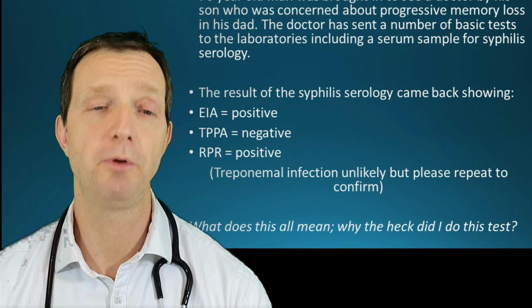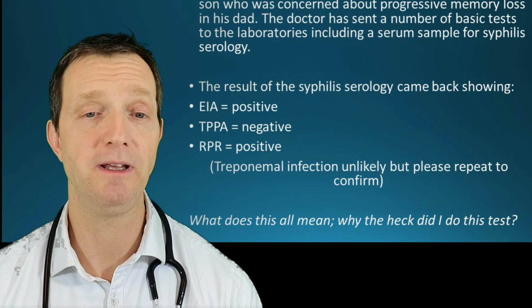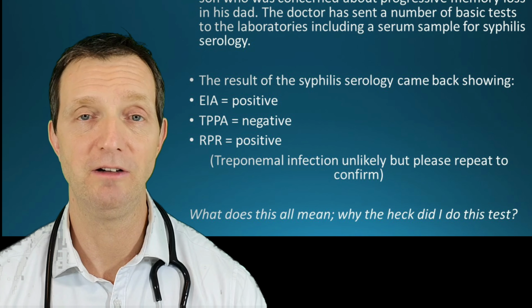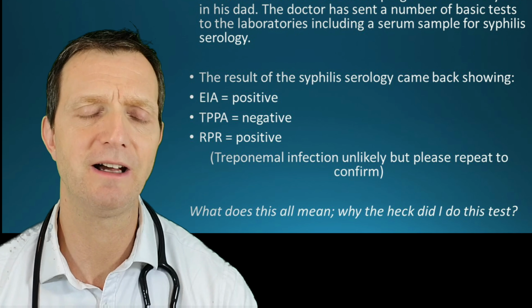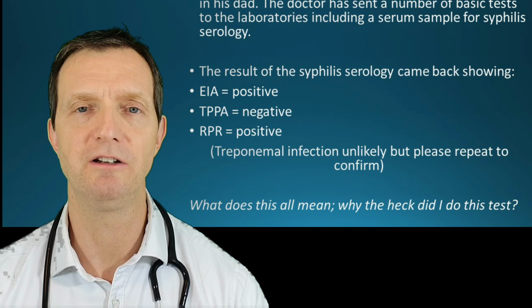And the results will be reported exactly like this: EIA positive, TPPA negative, RPR positive. And then there will be a particularly unhelpful comment underneath that saying treponema infection unlikely, but please repeat to confirm.